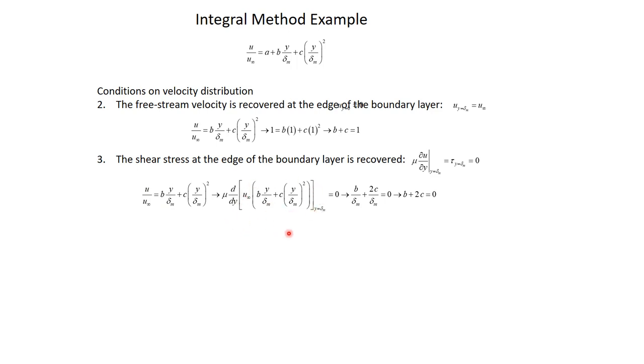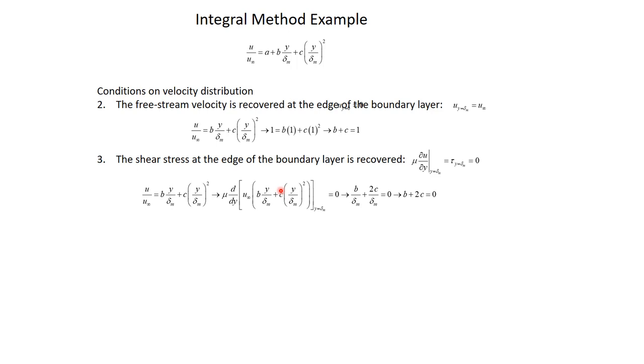So let's see. The u infinity, I guess, would come out. It's a constant, certainly with respect to y. So the mu and the u infinity can be canceled through because the other side is 0. So I have to take the derivative of this, and I get the first term would be b over delta sub m.